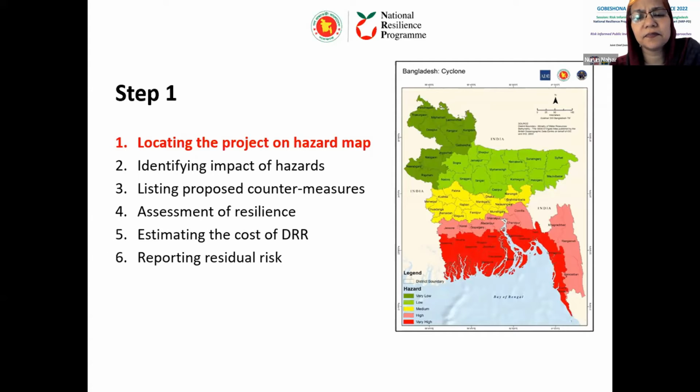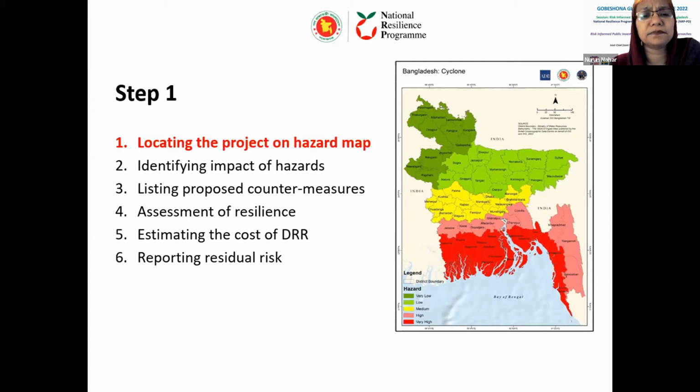And this is just a map on the cyclone, red meaning very high and green meaning low, district wise. The limitation is it's based on the administrative area of the district. Now Planning Commission will attempt to make it up to the Upazila level.